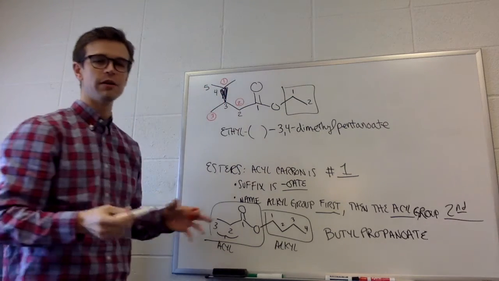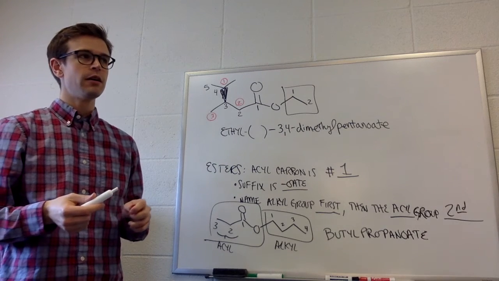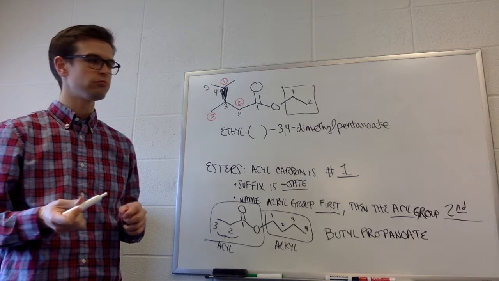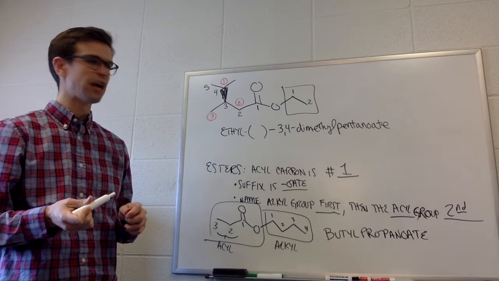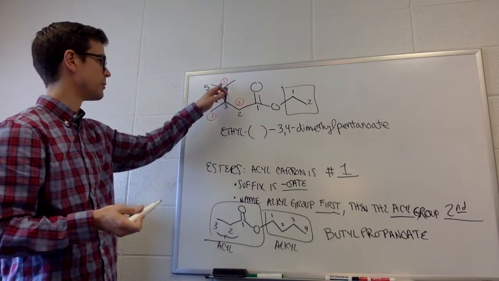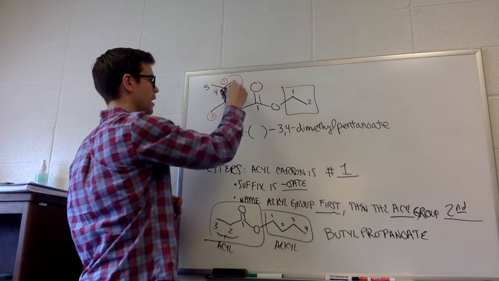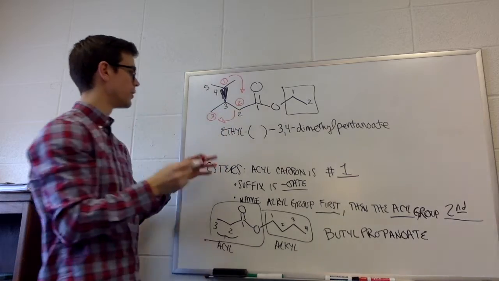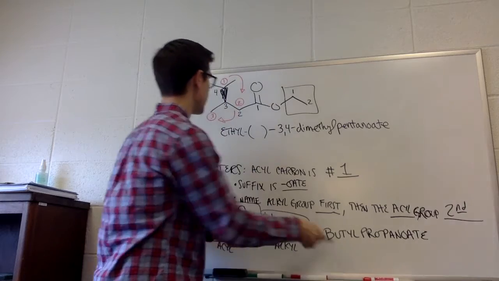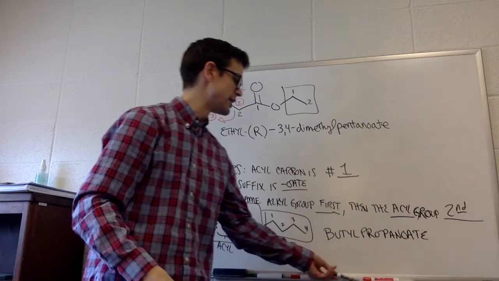And I went over that in more depth in a video ago when I was naming aldehydes and ketones. So if you're confused about why that's 1, that video talks about that. But anyway, we have 1, 2, 3. We go clockwise. Clockwise is R. So this would be ethyl R 3,4-dimethyl pentanoate.